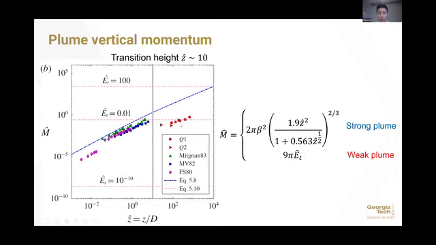If you want to look at the momentum, this is the scaling law here. The non-dimensional diffusion coefficient of 0.01 also would fit the data quite well. What I want to point out here is that it is quite interesting to see that from the prediction, the momentum flux of a weak bubble plume would actually become constant with height.